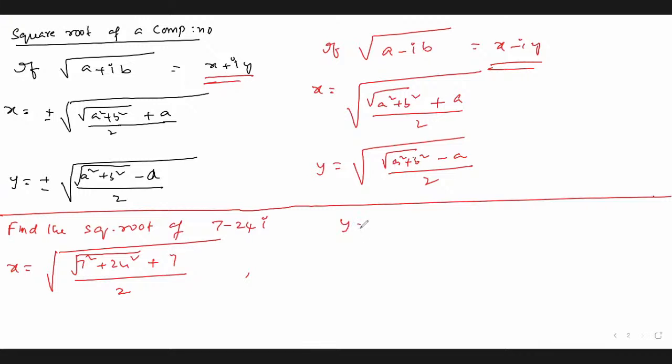Y is equal to the square root of the square root of 7 square plus 24 square minus 7 by 2. Simplify this, you are going to get the answer for that.